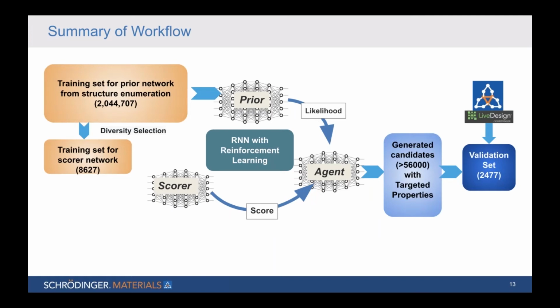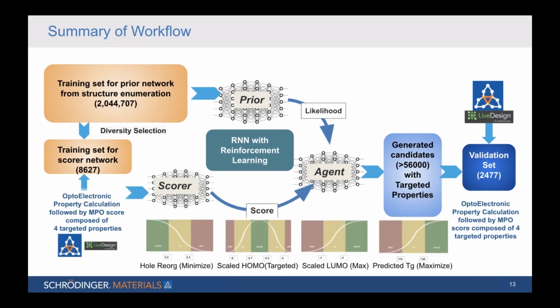Using the same REINVENT protocol, we used the over 2 million enumerated OLED-like structures as our chemical space. Then we selected, using chemical diversity selection in our Schrödinger tools, a subset of just over 8,000 structures, and these structures were fed into the neural network.